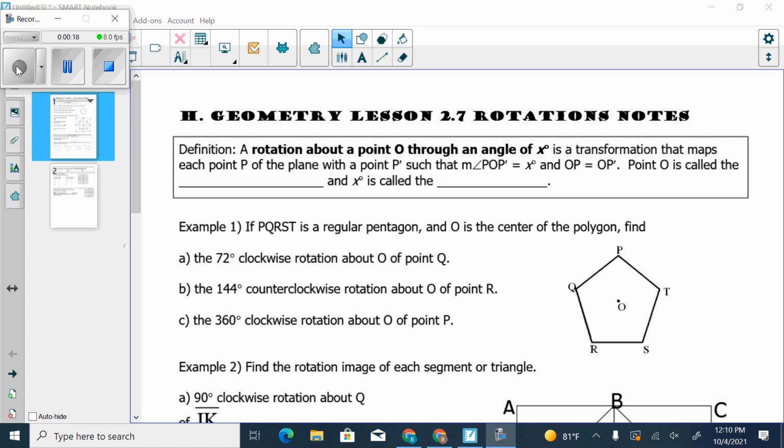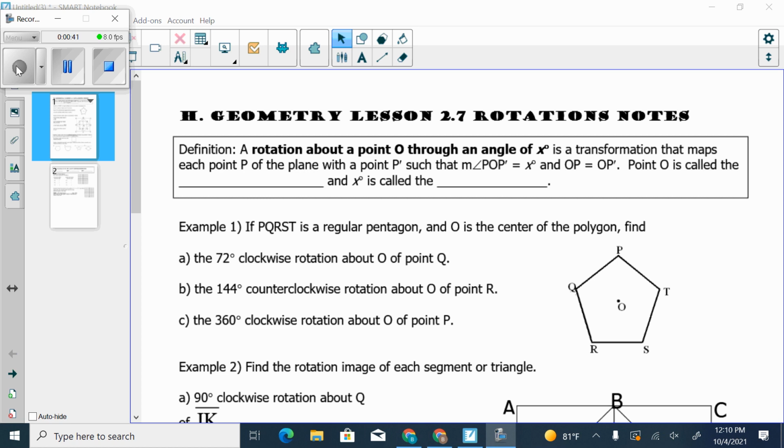Okay, so today's definition is that a rotation about some point O through an angle of x degrees is a transformation that maps each point P of the plane with a point P prime. So remember, P and P prime are pre-image and image. Right?